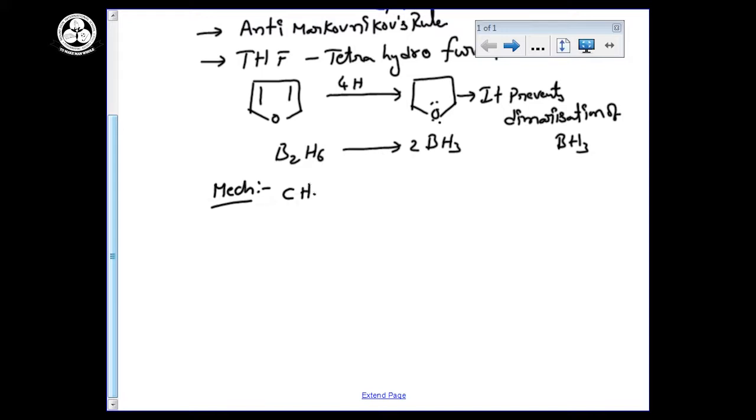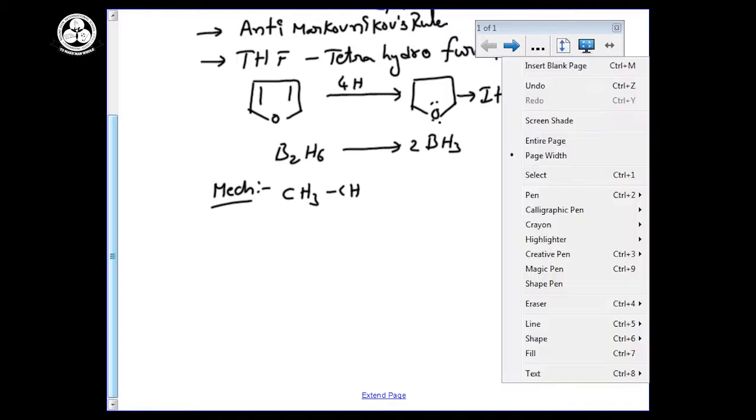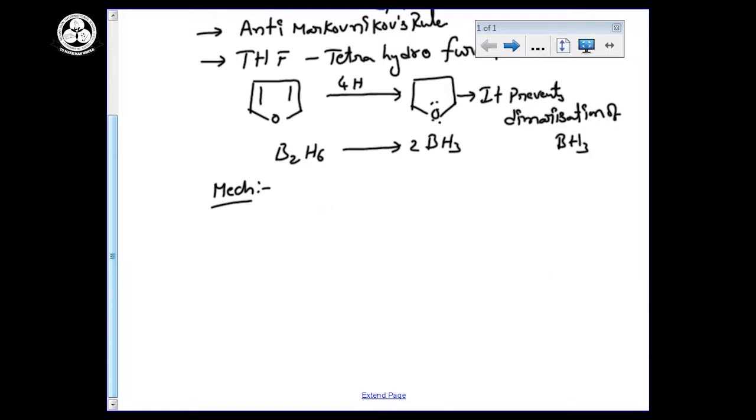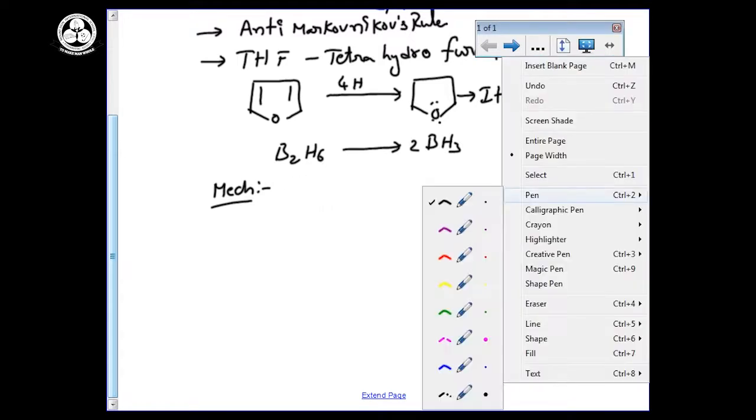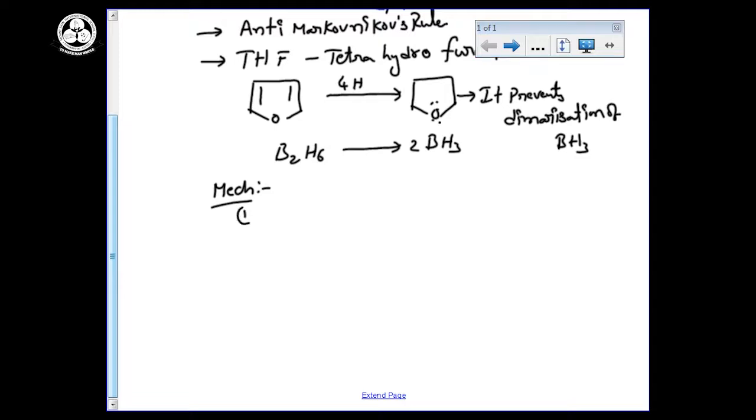Taking CH3 CH. The name itself is hydroboration oxidation. So first we are going to do hydroboration. I am doing step number 1, that is hydroboration. So what does hydroboration mean?